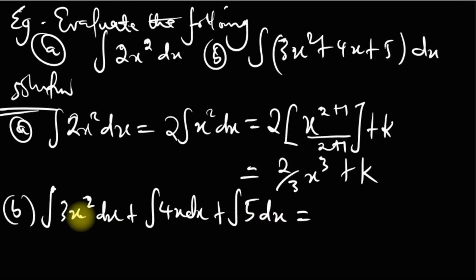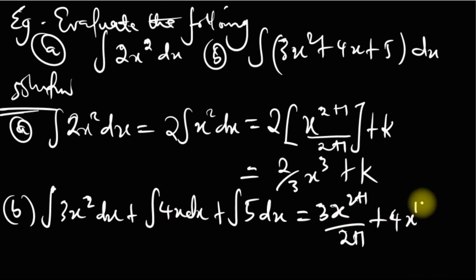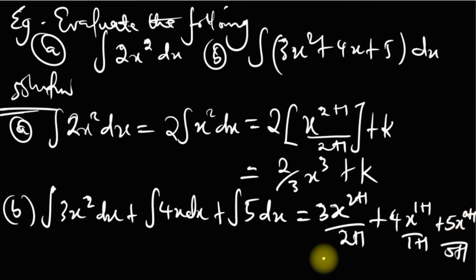So we have, applying this, 3 is a constant now, so we have x to the 2 plus 1 over 2 plus 1, plus 4 times x to the 1 plus 1 over 1 plus 1, plus, remember you can write 5 as 5 x raised to the power 0, x to the 0 plus 1 over 0 plus 1, plus k.